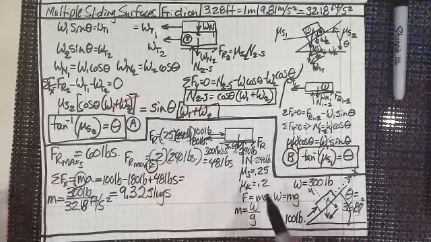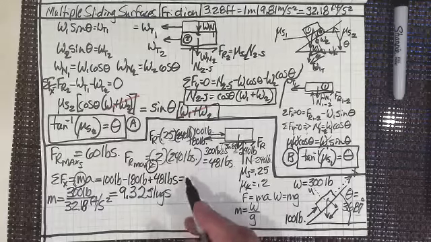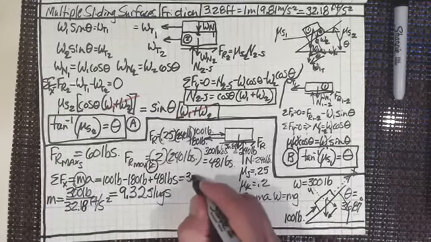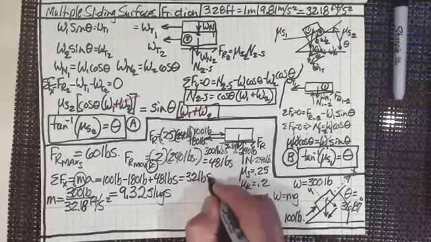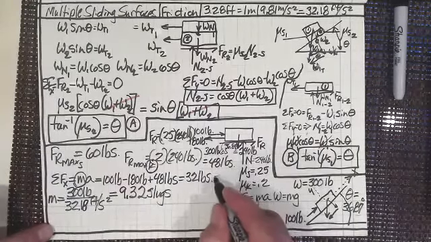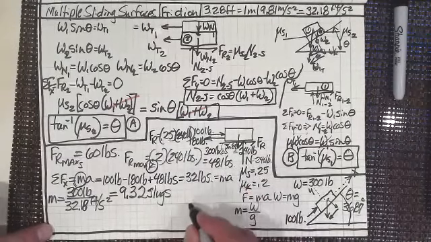Our kinetic, because the thing is sliding, right? So when we add all of these up, that still leaves me with 32 pounds, doesn't it? 32 pounds of force. 32 pounds of force has to equal mass times acceleration.